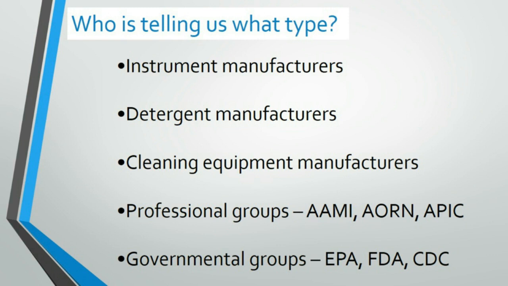Those three should harmonize. Sometimes it's very difficult to make that happen, but it's something you really need to be trying for. Then there are professional groups like AAMI, AORN, and APIC, and governmental groups, the EPA, the FDA, and the CDC, which have statements, and I don't want to call them opinions.